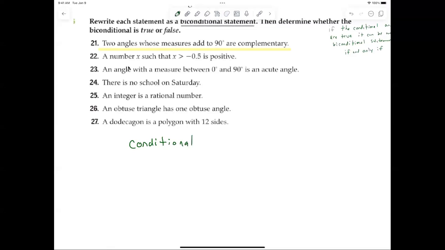Someone who wants to volunteer for the conditional? If two angles' measures add up to 90, then they are complementary. That's exactly correct.